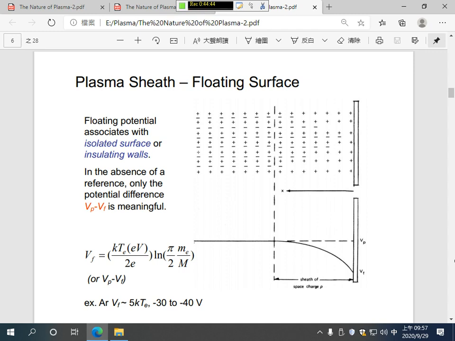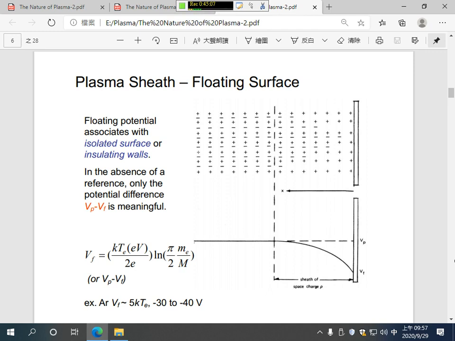So in this steady condition, for a certain period of time, the surface of the insulator collects the same amount of electrons and ions, the same amount of electrons and ions at a steady state. So after they build up this potential distribution, okay.